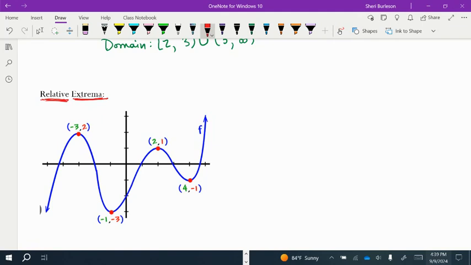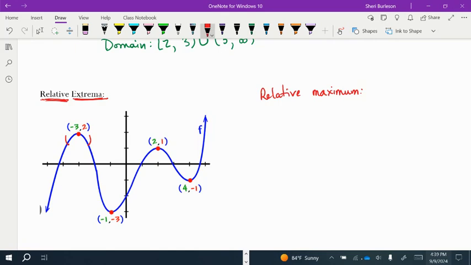So if we are looking for a relative maximum, we are looking at the highest value, not over the entire function, just in the neighborhood of that highest value.